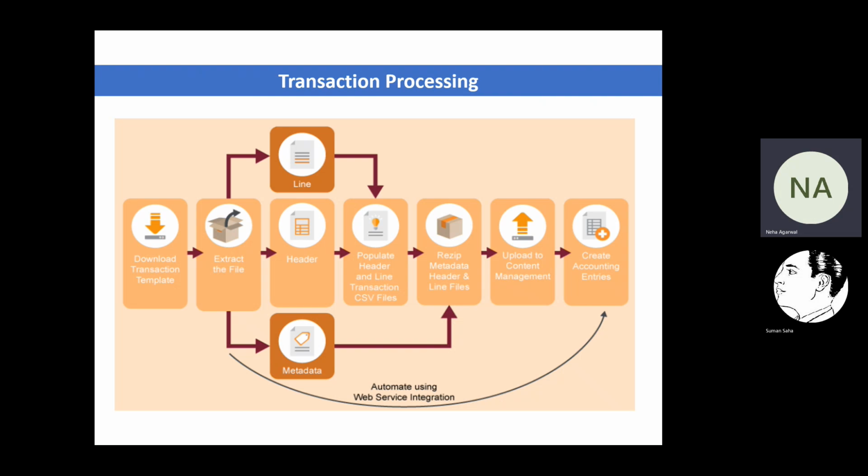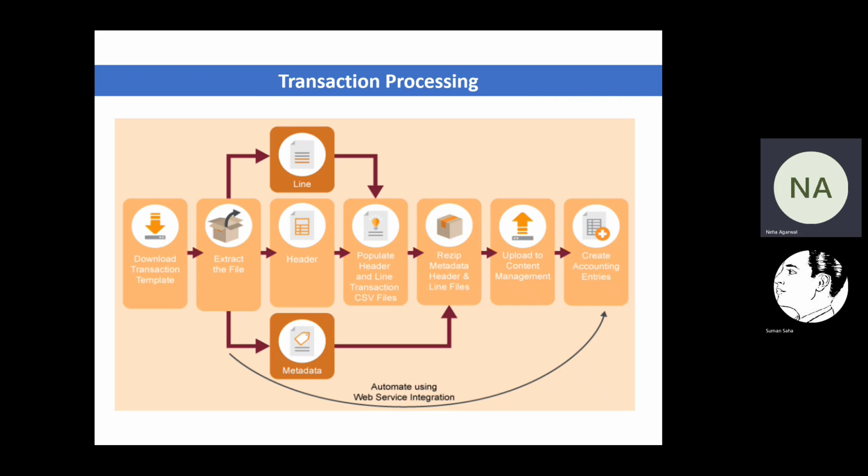So if we move to the next slide, transaction processing, this contains the steps to download the template, populating the data, and then uploading it to the Fusion application. So we will first download the transaction template. We'll extract the files.